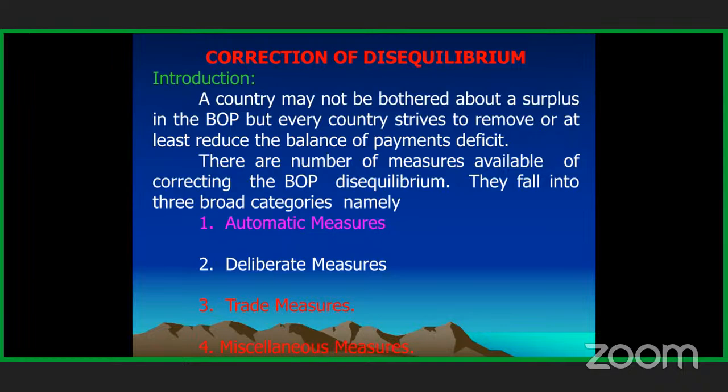Automatic measures: according to the classical economists, any disequilibrium in balance of payments is corrected automatically without any corrective measures by the government. This method worked well under the gold standard. Classicals suggested not to interfere in the economic activities by the government.